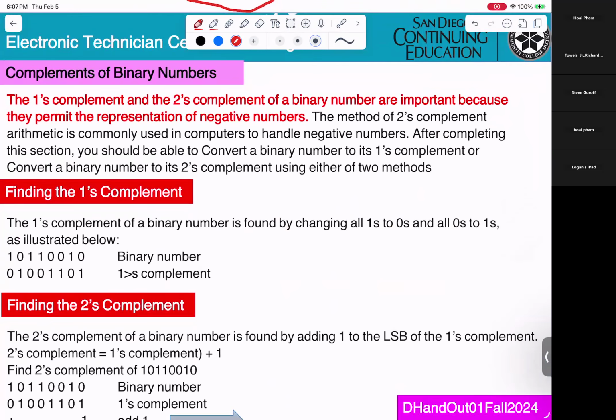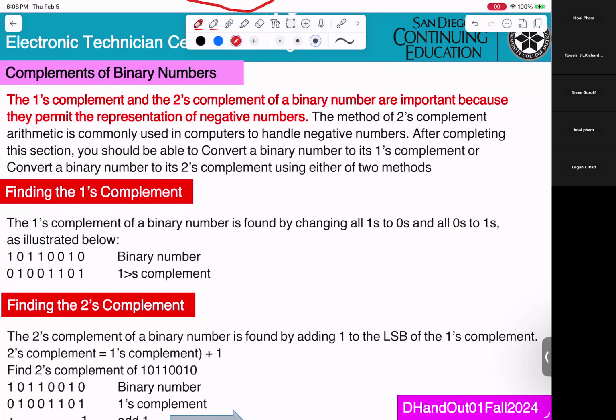Complement of binary number. Okay, so let's see. The one's complement and the two's complement of a binary number are important because they permit the representation of negative numbers.